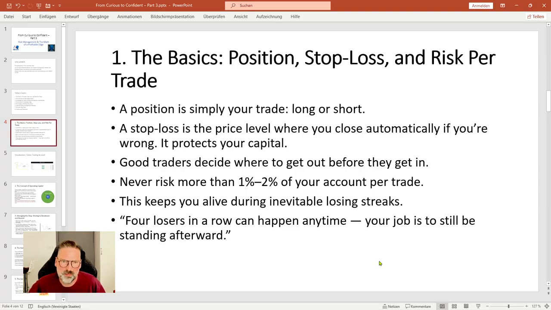So you should never risk more than 10 euros on a 1,000 euro account. If it's a 10,000 euro account, then you can risk 100 euros. A 2% risk would be 200 euros. Makes sense? So this way, if you risk 1%, it takes 100 trades to blow you up.